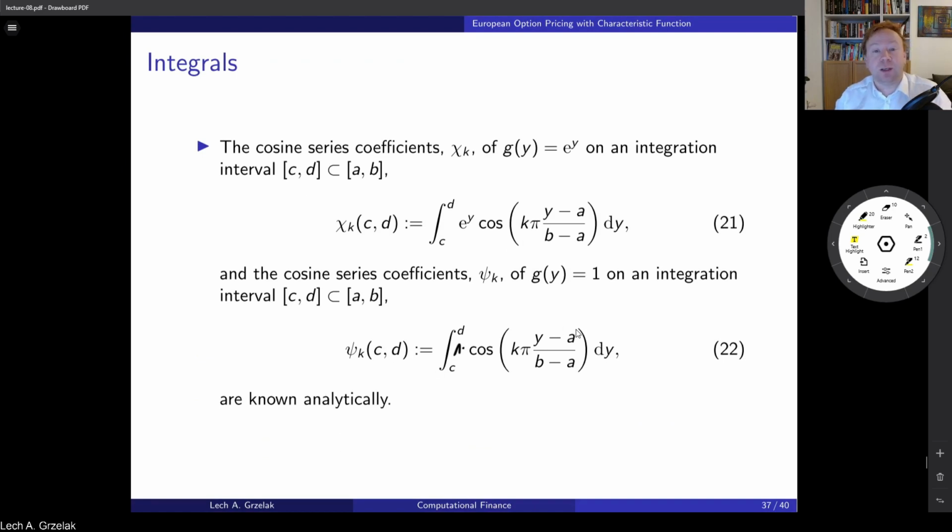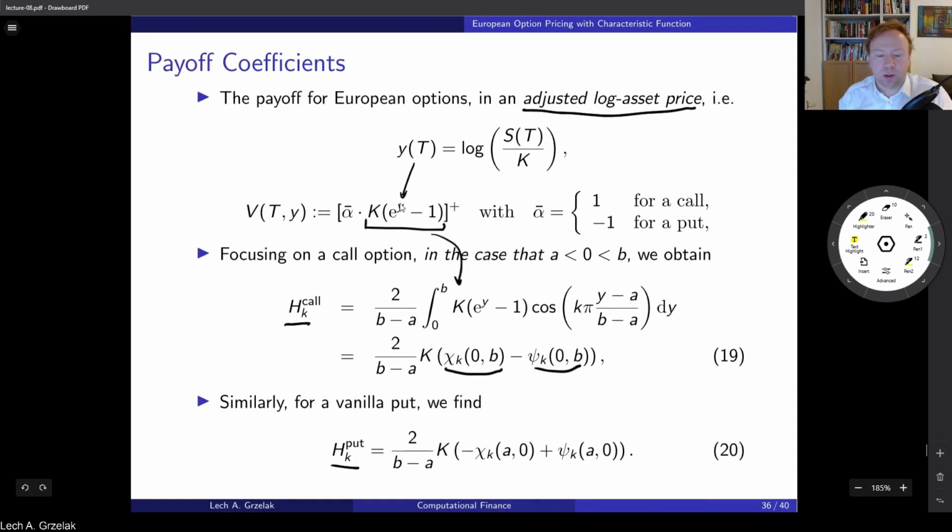We can basically freely choose them. In some payoffs you may choose c equal to a, or as given here, depending on the coefficients you specify. Those are generic functions for those integrals, so we reuse those coefficients depending on the payoff we have to calculate. You can see that for calls and puts, those two functions have slightly different arguments.